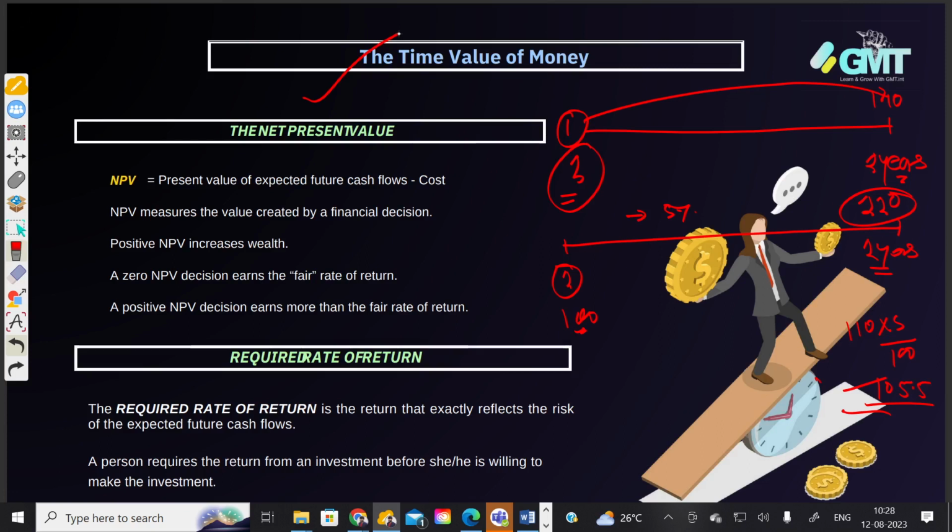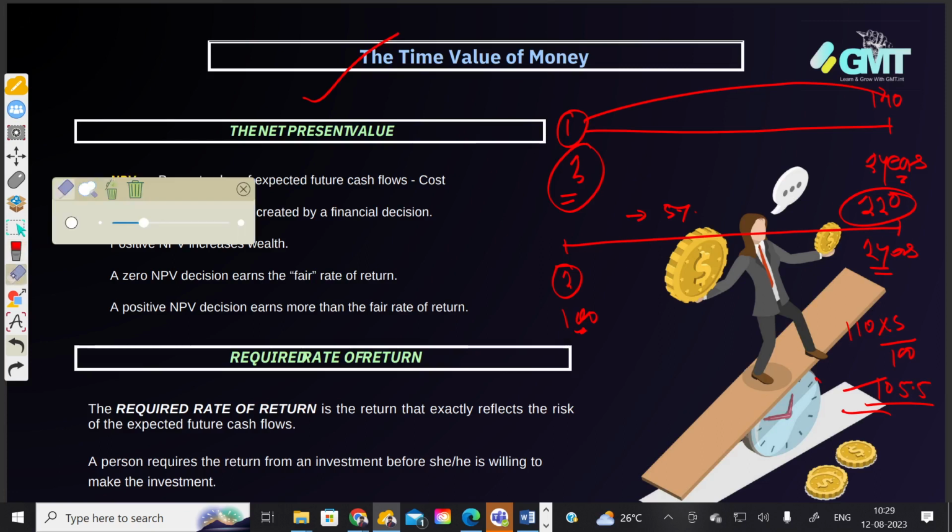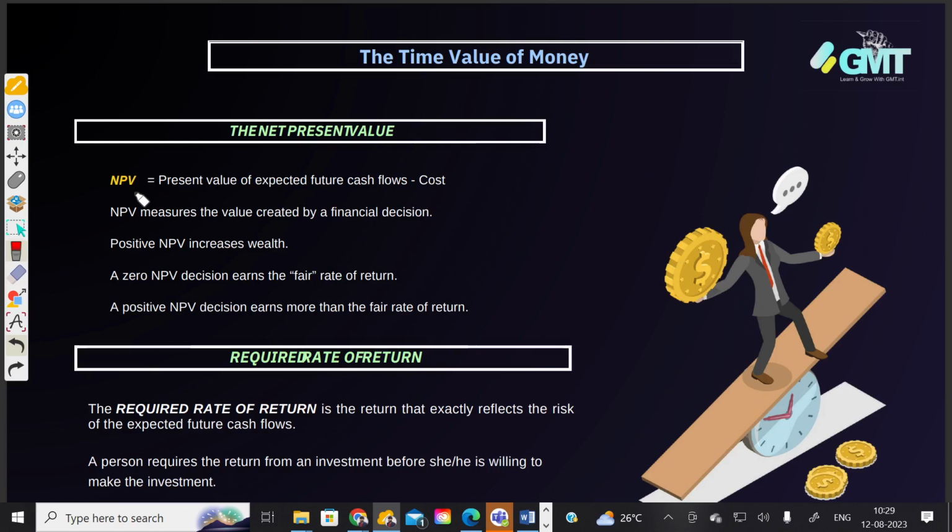And that's why time value is a very important factor that plays a crucial role while calculating the prices of different securities. All right. You see here, when we calculate the net present value of any investment, or when we consider the future expected cash flows, when we say future expected cash flows, it means we are talking about bond coupon payments.